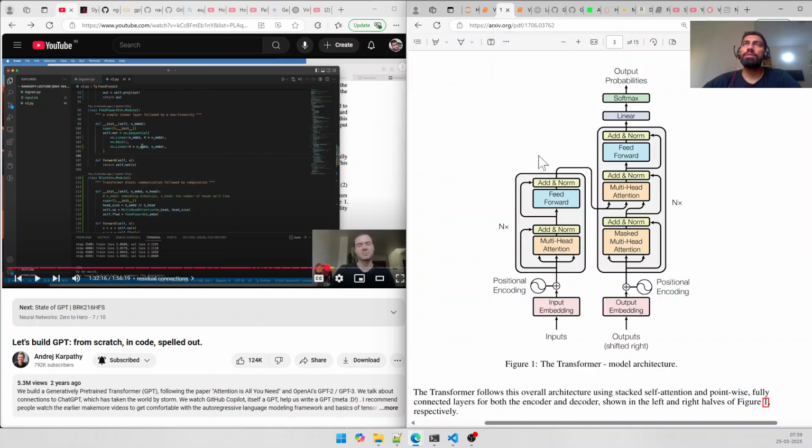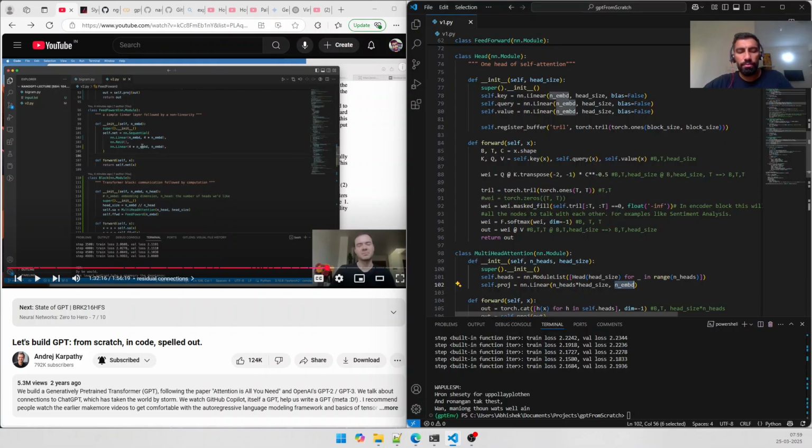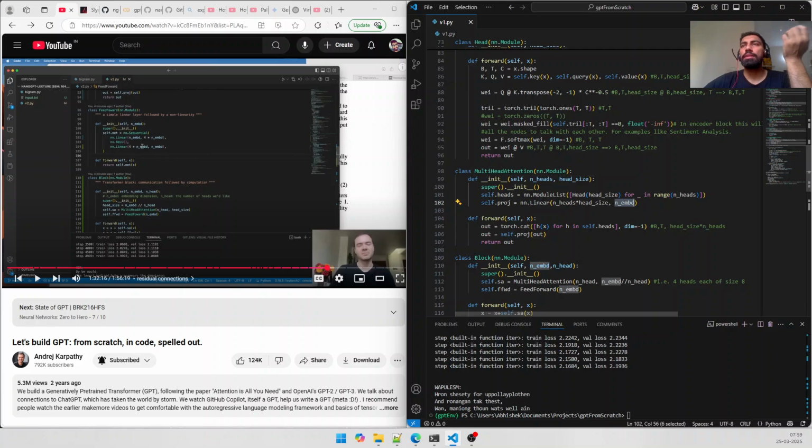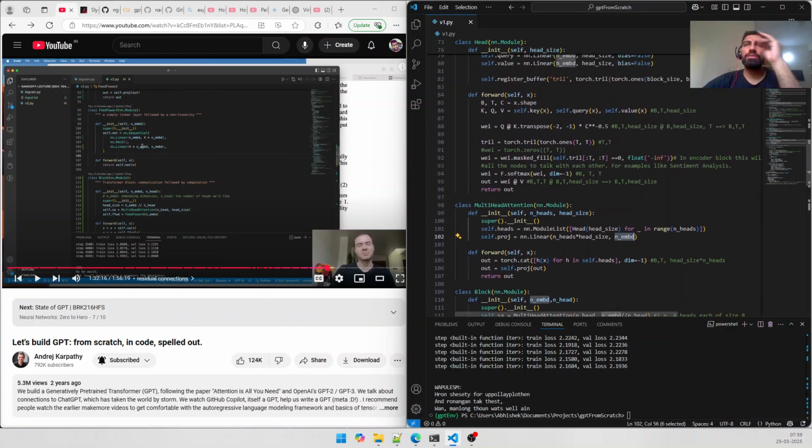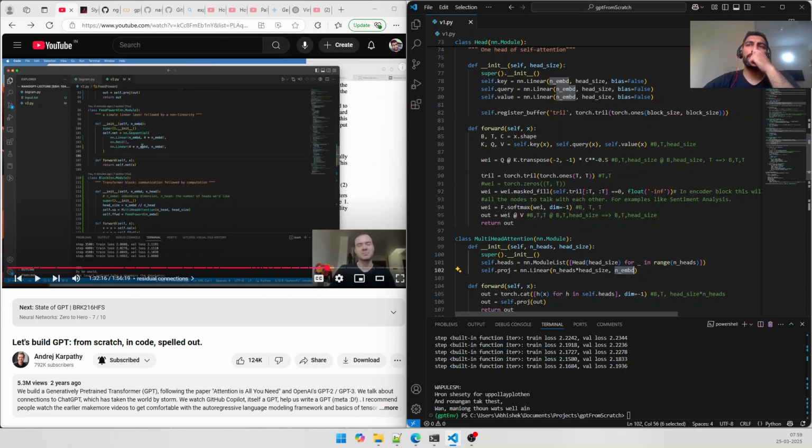The same thing he's doing here as well. So however much input was there, we want the output to be in terms of an embedding. That's it. So it's just a projection. It has nothing to do with the residual, I believe.